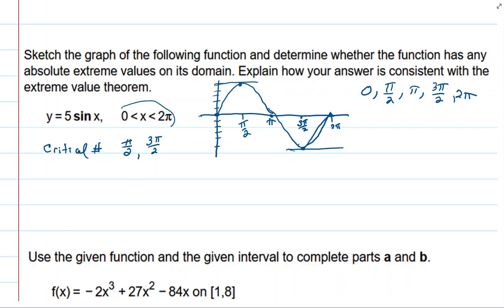Okay, well, we would first have to do our f of 0, which is 0, because that's a critical number. It's a closed interval. Oh, no, it's an open interval. Oh, I don't even have to do those. Sorry about that. It's open.